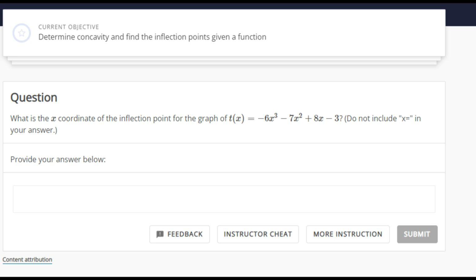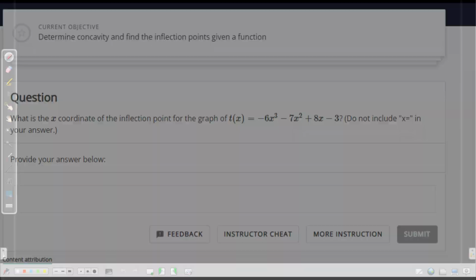And there's a little bit of nuance to knowing if you have an inflection point. That nuance is that it must be a point on the curve to be an inflection point.